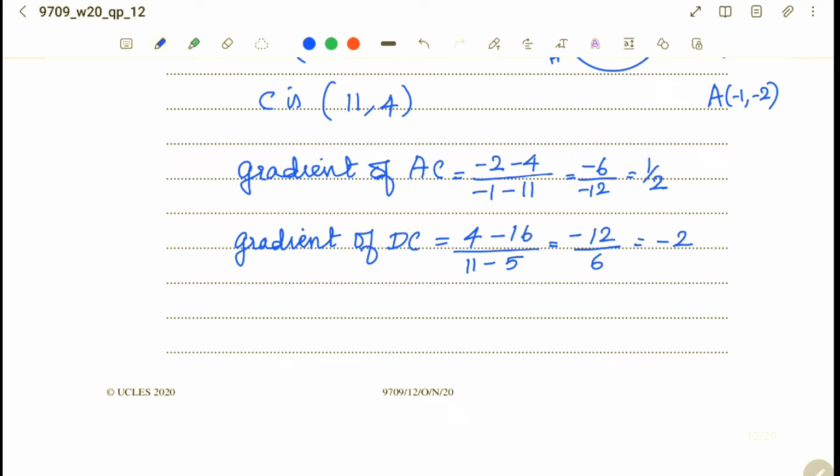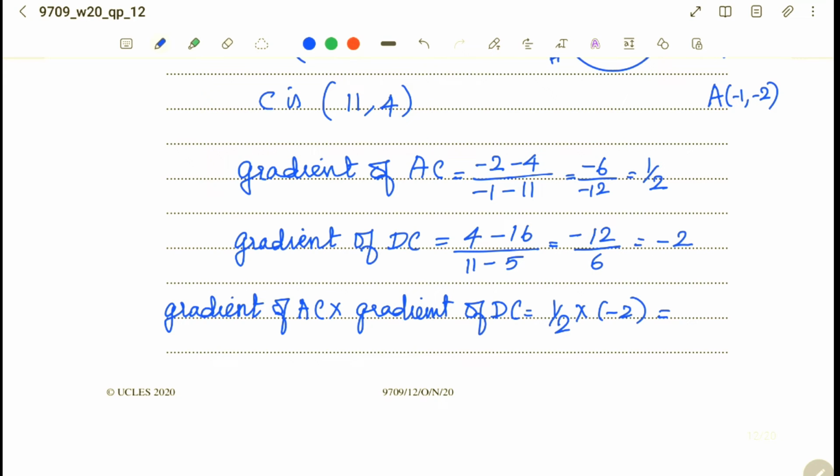So gradient of AC multiplied by gradient of DC: 1 over 2 multiplied by minus 2 gives negative 1.